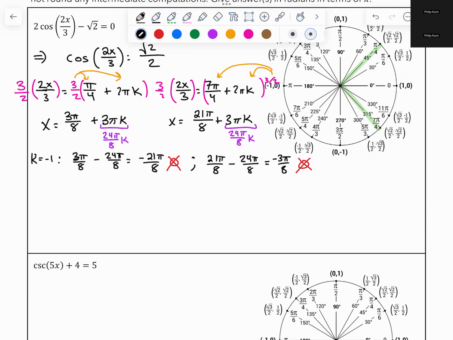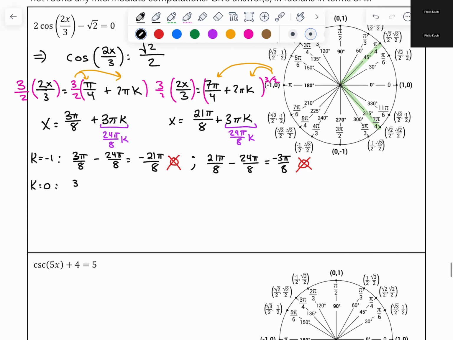Then we'll test k equals 0. So that's what I'm doing in my head or in my calculator. I want you to be able to do that in your head. You don't have to, but if you can, that's perfect. This will be 3 pi over 8. That one is in 0 to 2 pi.